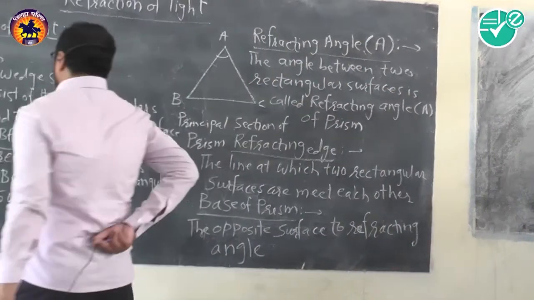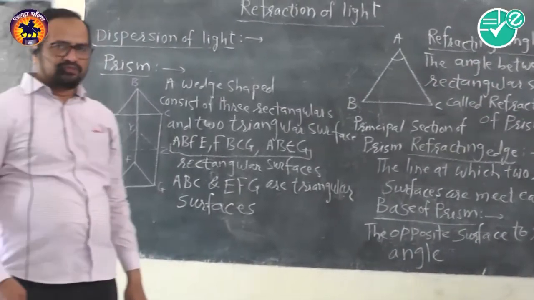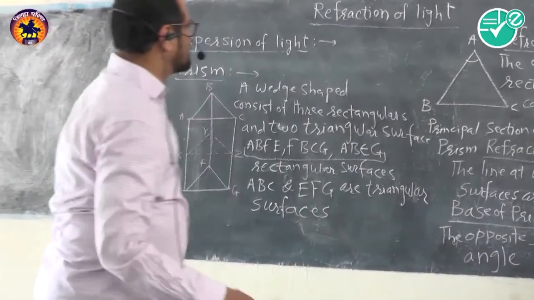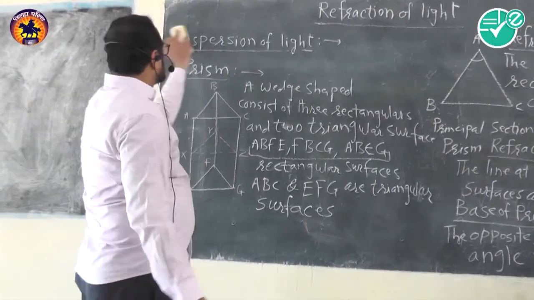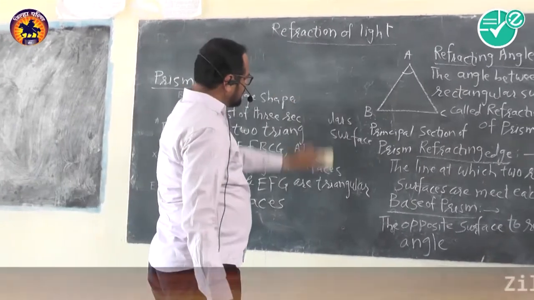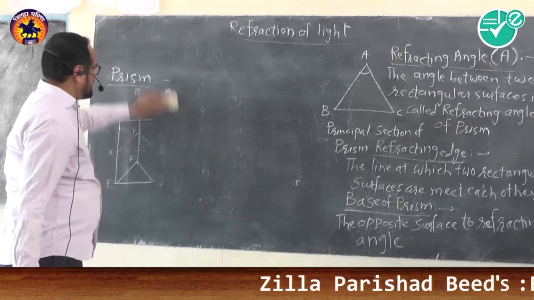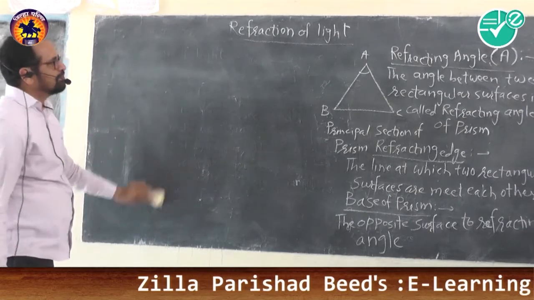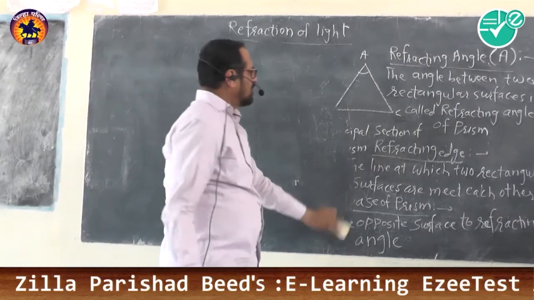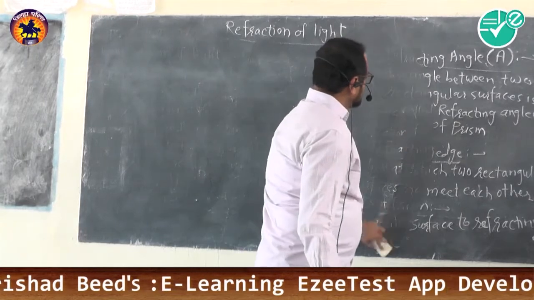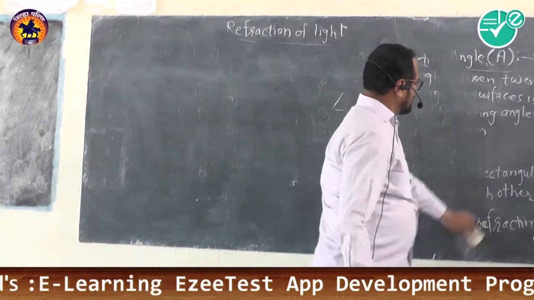So these are some basic terminologies that we will use in the next articles. After understanding the prism, which acts as the denser medium, we will see how we get the dispersion of light.